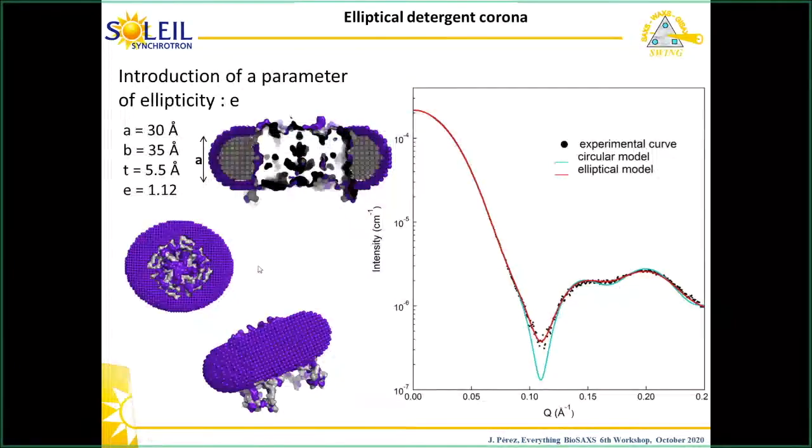Of course, this ellipticity represents a kind of average of the fluctuation of the shape of the corona. It's not something that you can really believe, but it's good because now we have a model that can be used as a base for further fitting, as I explained in the two-step strategy.